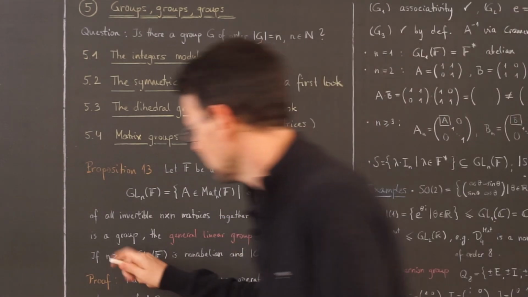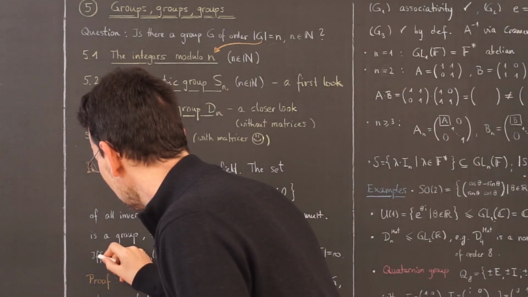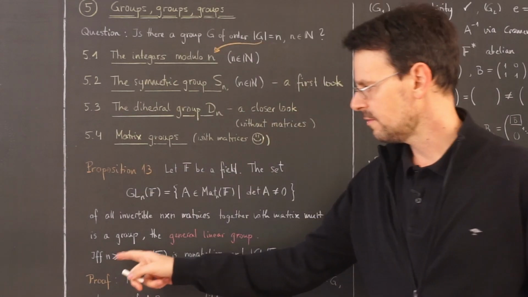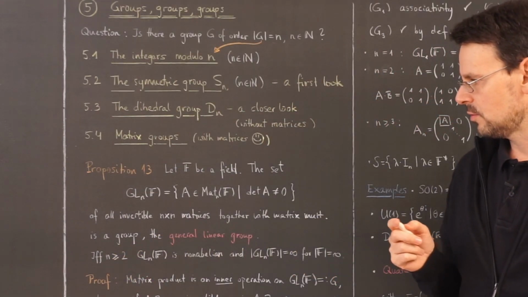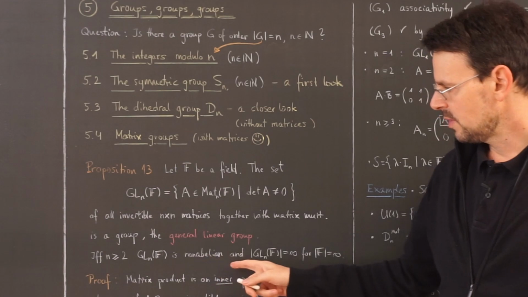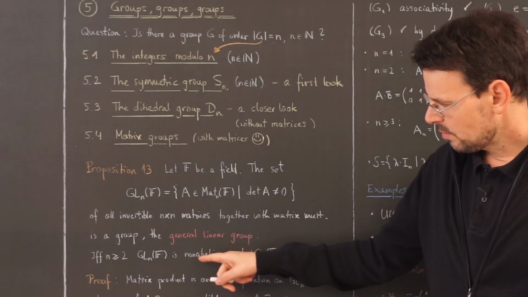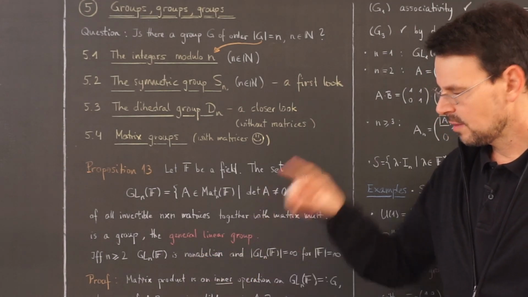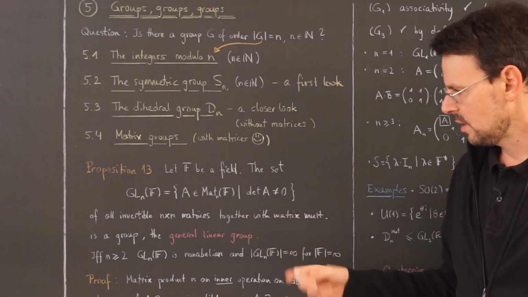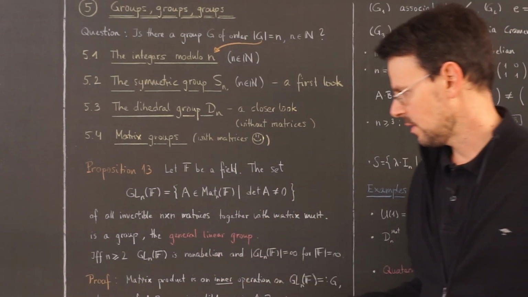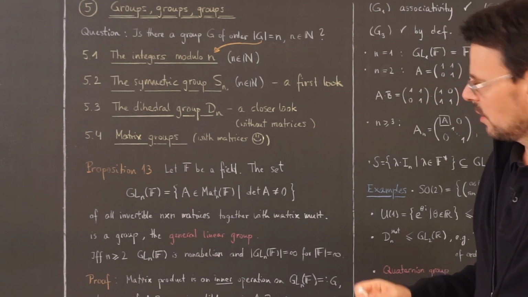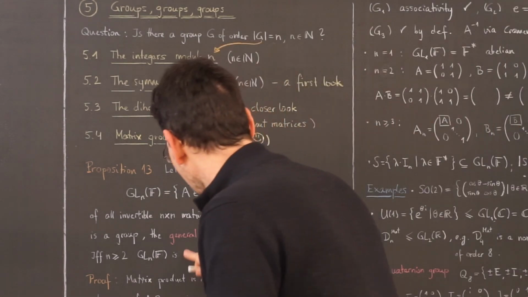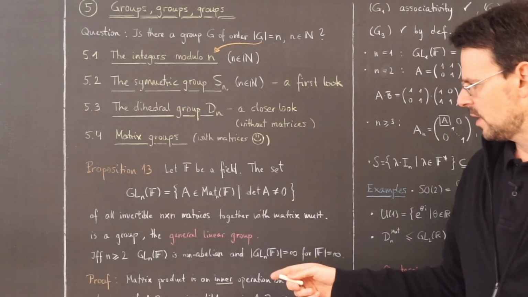And here I could say, if and only if n is greater than or equal to 2, this group is non-abelian.